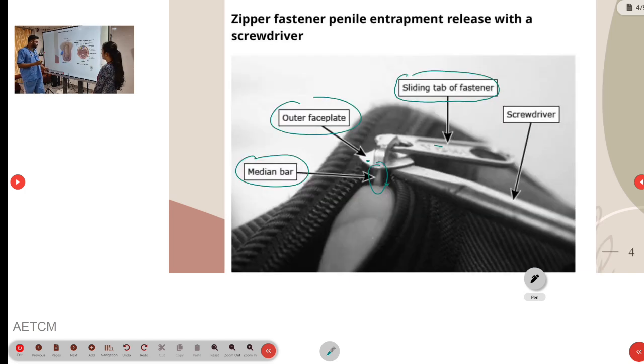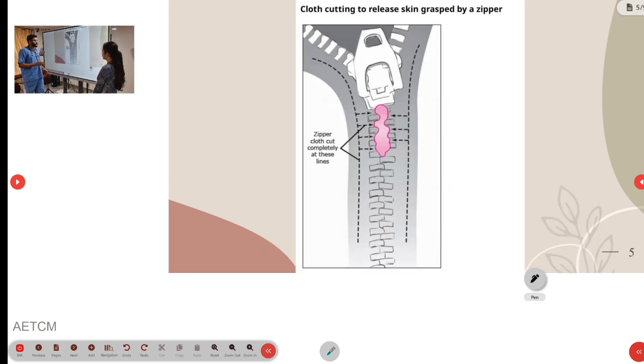And we have two types of injuries. Either the prepuce or foreskin can get stuck between the teeth, called the dentitions, which interlock together in the zipper mechanism.